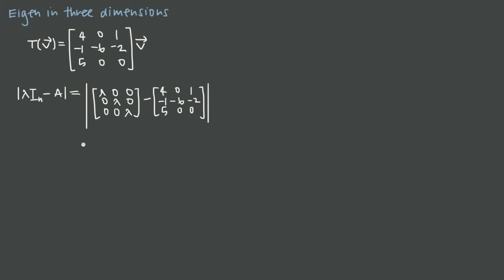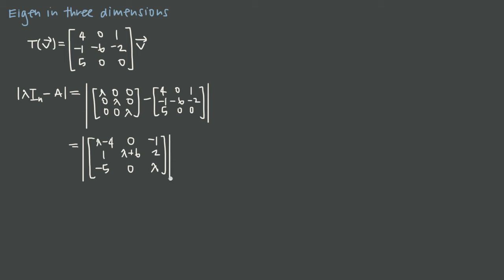And then we just go ahead and combine our 2 matrices here. So when we do, we get lambda minus 4, we get 0 minus 0, 0 minus 1, 0 minus a -1, lambda minus a -6 would be lambda plus 6, 0 minus a -2 would be positive 2, and then 0 minus 5, 0 minus 0, and lambda minus 0 will just give us lambda.